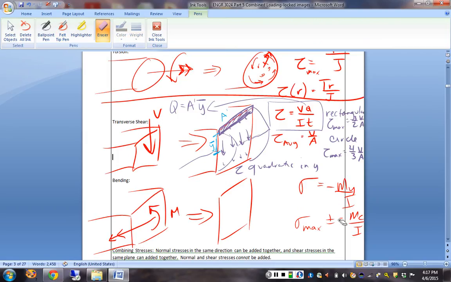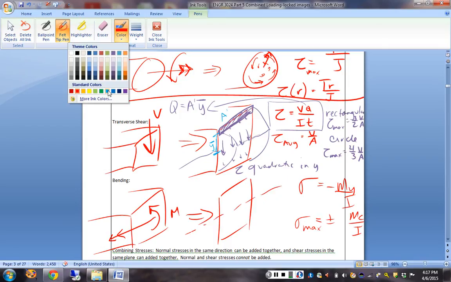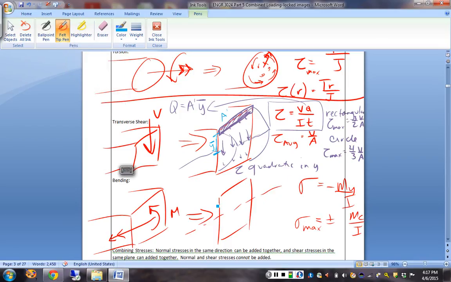And what does this look like in cross section? How much normal stress do you have along the neutral axis? You have 0. Okay, and how much do you have, if we have this case, what did we say we had at the top? Tension or compression?